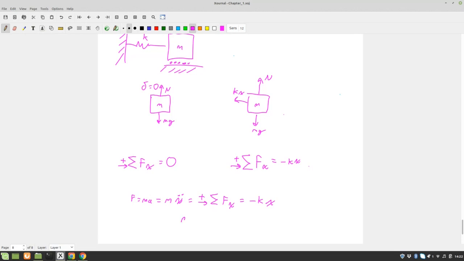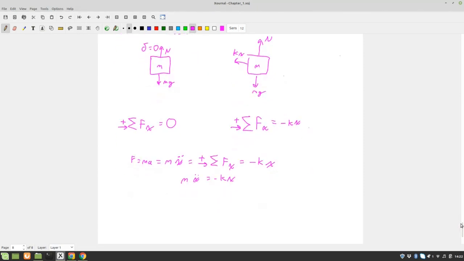Lots of stuff goes away, and you have m x double dot is equal to negative kx, which is m x double dot plus kx is equal to 0. That make sense? And is that the exact same one that we got for the last one?